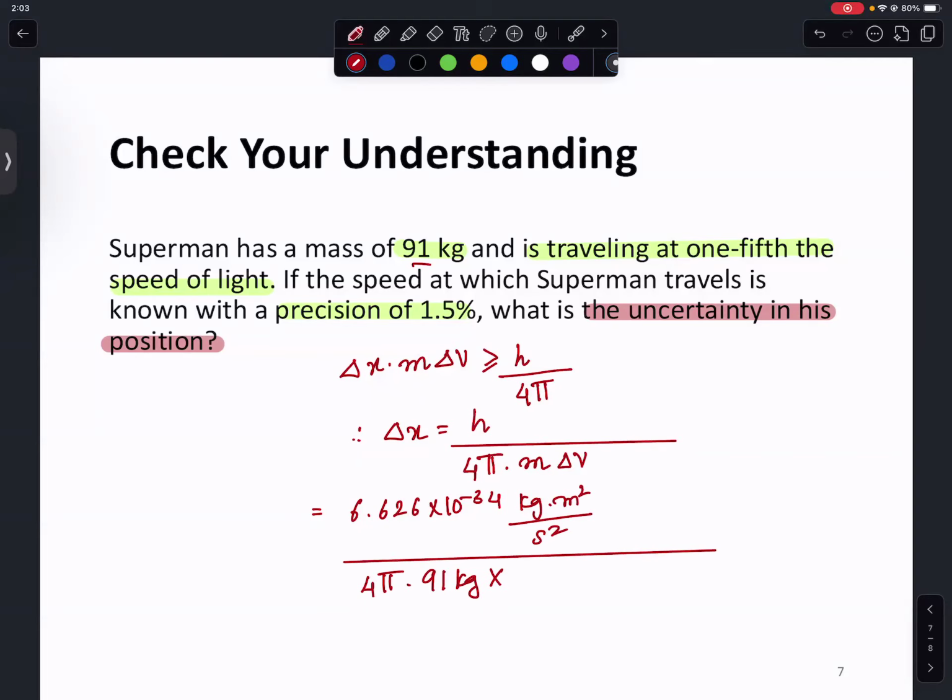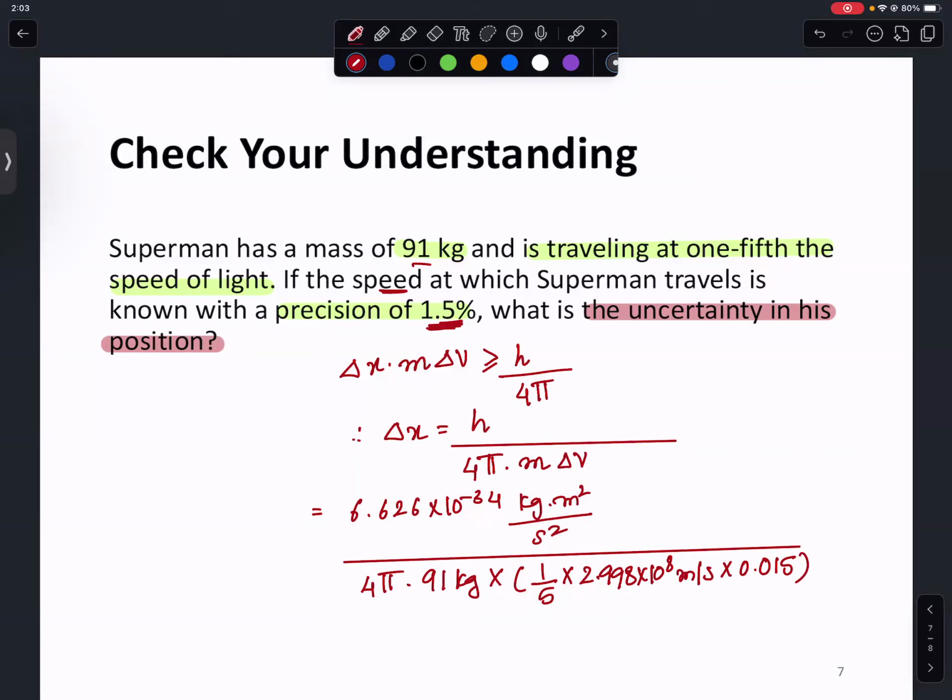So I have here 1/5 times 2.998 times 10 to the 8th meters per second, but it also says that there is a known precision of 1.5%. So I'm going to multiply this also by 0.015 because the speed has this precision.